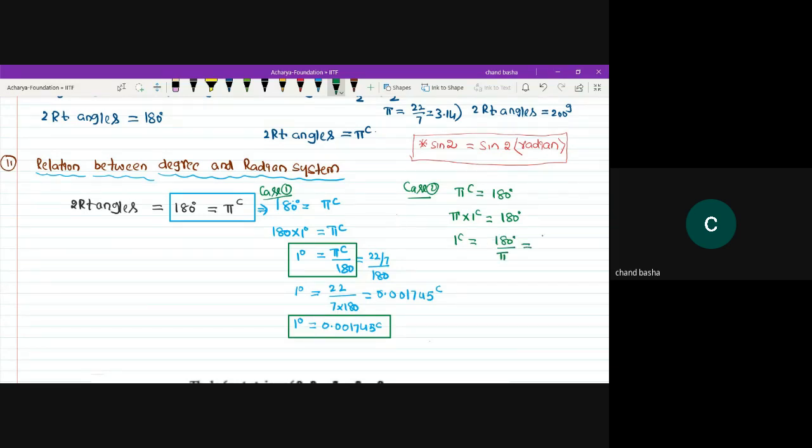As I said, pi means 22 divided by 7, so that 7 comes in the numerator. 1 radian is equal to 180 degrees into 7 divided by 22, which is approximately 57.175 degrees. So 1 radian is equal to how many degrees?